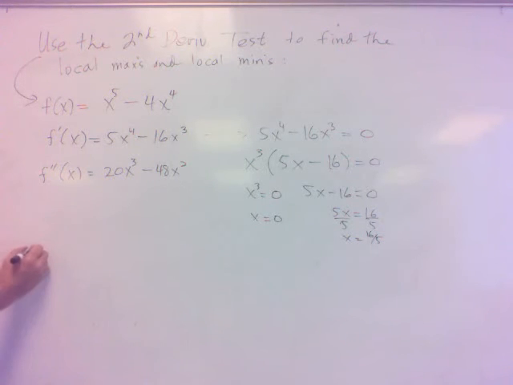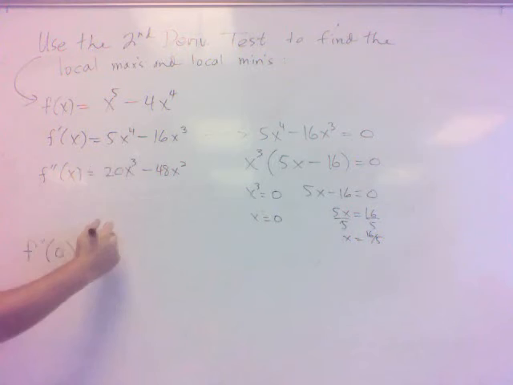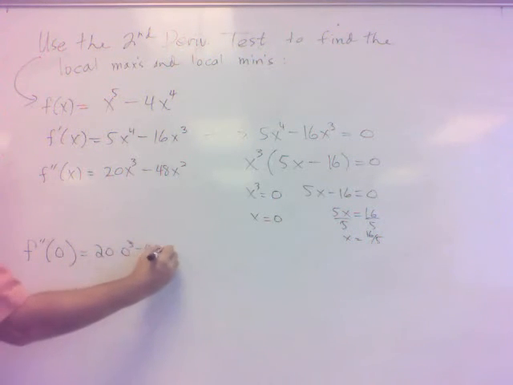Using the second derivative test, let's plug both of those into the second derivative. However, we run into a slight problem. Very first one out of the box, plugging in x equals 0 in the second derivative, I've got 20 times 0 cubed minus 48 times 0 squared.